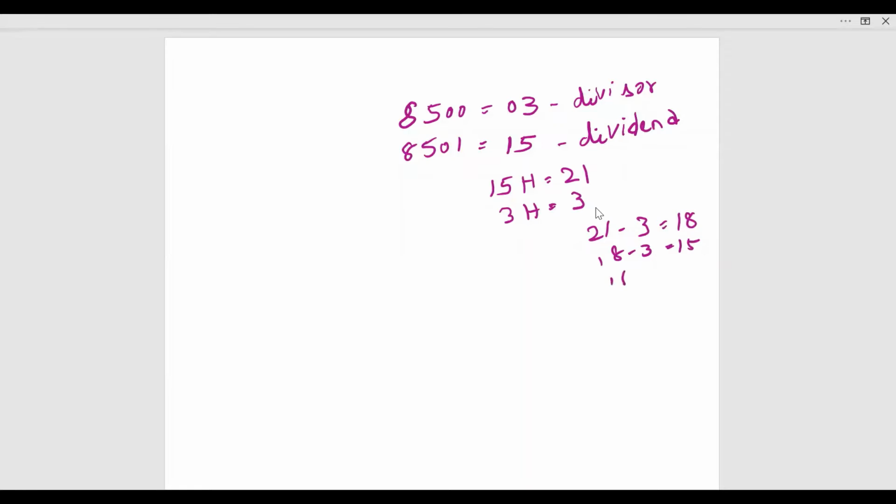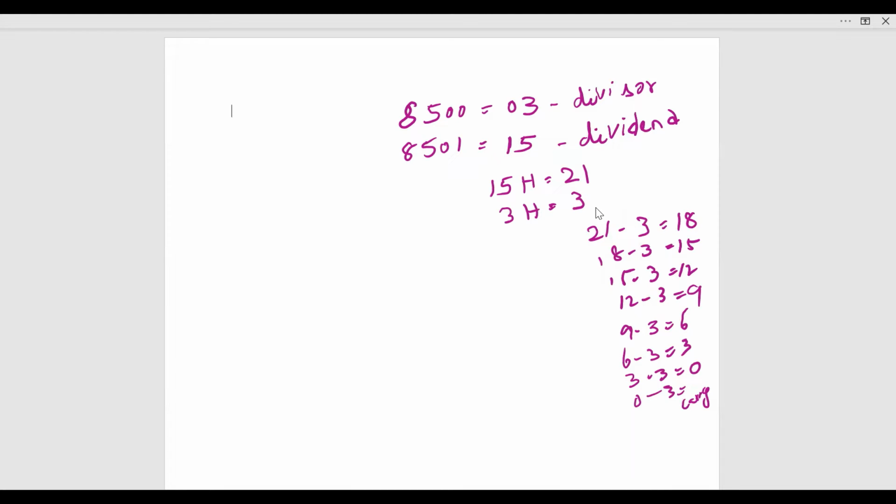Next 15 minus 3, 12 minus 3, nine minus 3, 6 minus 3, and 3 minus 3. After 3 minus 3, if you try to subtract 0 minus 3, it will get a carry.